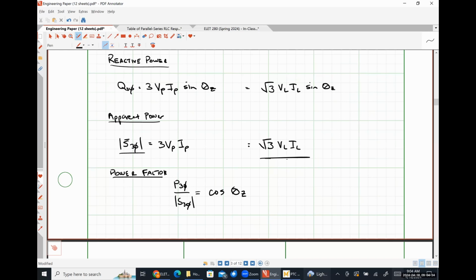Root 3 is a constant. So I think that from our apparent power and us knowing the voltage, we can find IL rather easily.